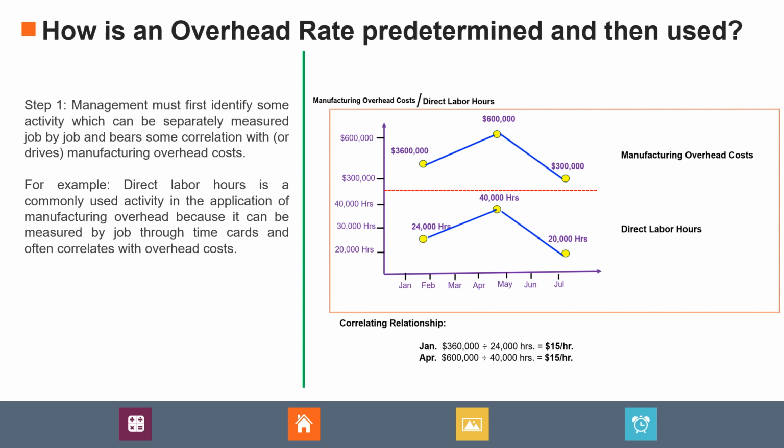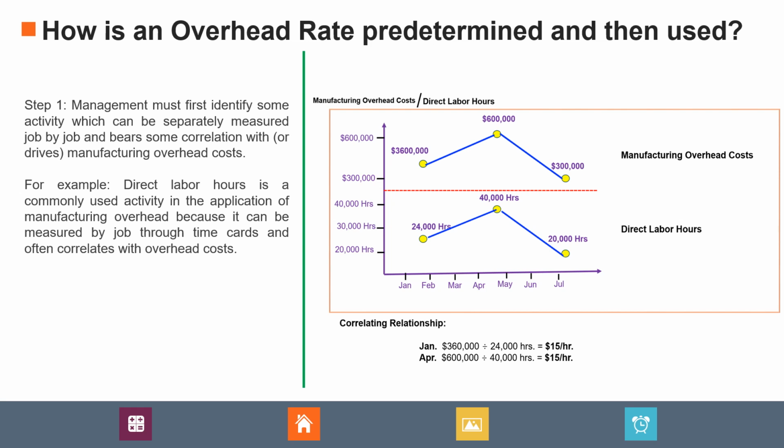This graph that we looked at, where we came up with this $15 an hour, shows the relationship between measurable labor hours and our manufacturing overhead costs in total, month by month. That was historical data, from last year. We're in a new year, and I wonder if that correlation is about the same.